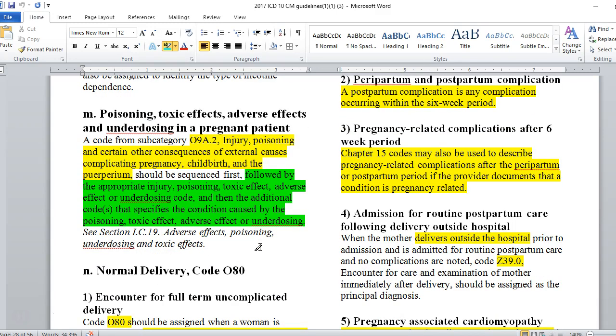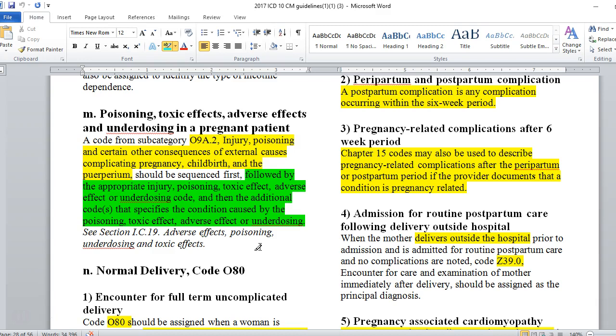Now, a code from subcategory O9A.2, injury, poisoning, and certain other consequences of external causes complicating pregnancy, childbirth, and the puerperium, should be sequenced first, followed by the appropriate injury, poisoning, toxic effect, and adverse or underdosing code, and then the additional codes that specify the condition caused by the poisoning, toxic effect, adverse effect, or underdosing.